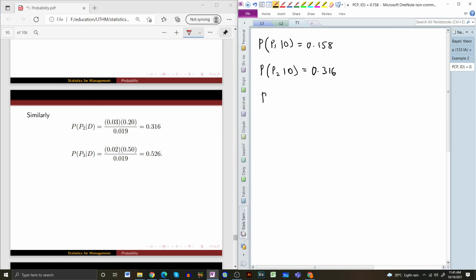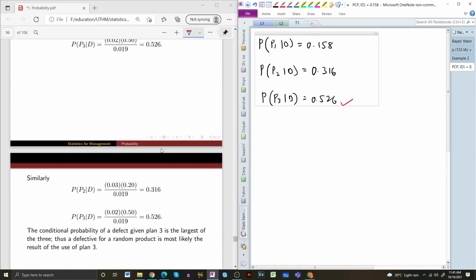You can try on your own, take your time and try this one. So out of this, which one is highest probability? This one. So the answer is this one here.